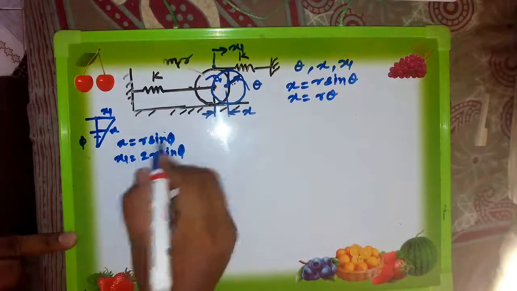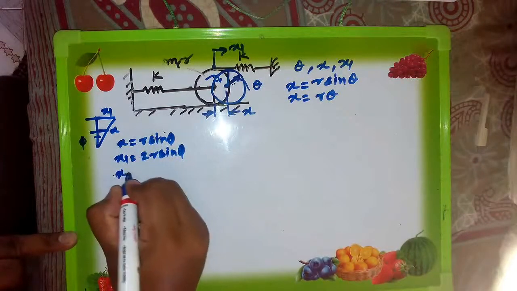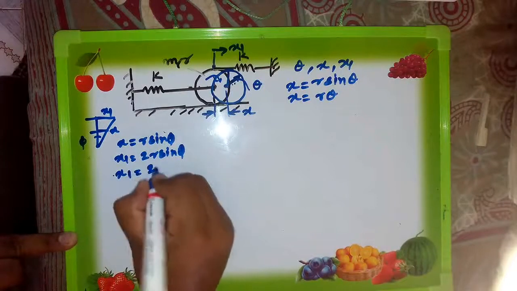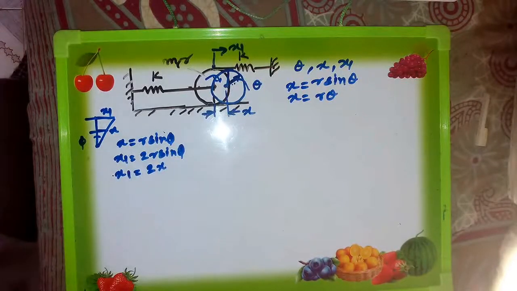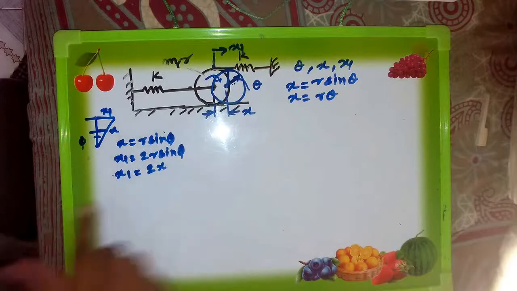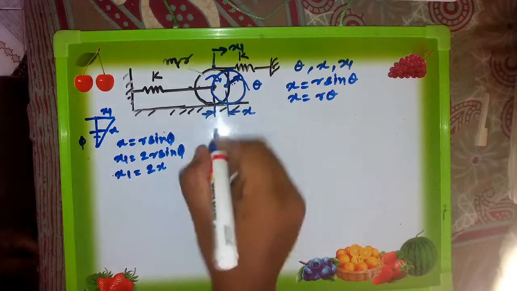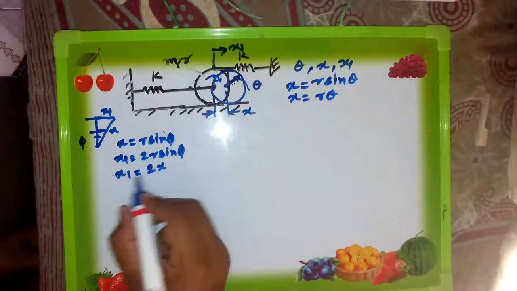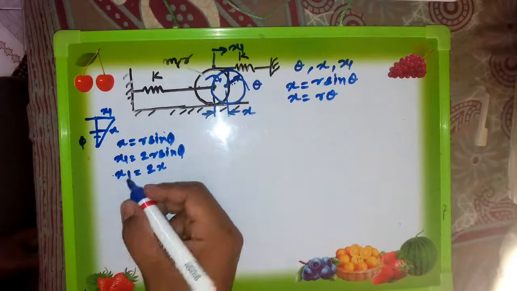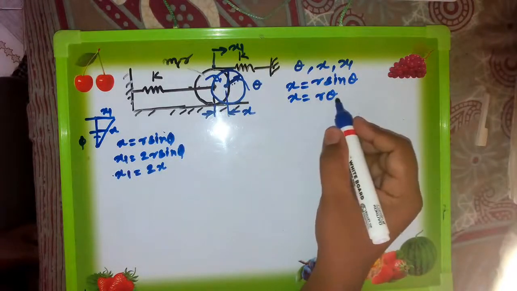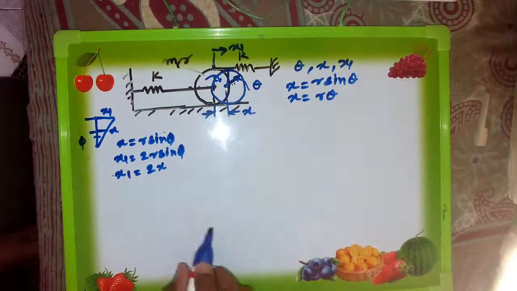So from this relation, can I write down x1 is equal to 2 times x straight away. From this relation, x1 is equal to 2x. Now we have found the relation between x1 and x. Similarly we have found the relation between x and r theta. So we finally find the relation in terms of theta.